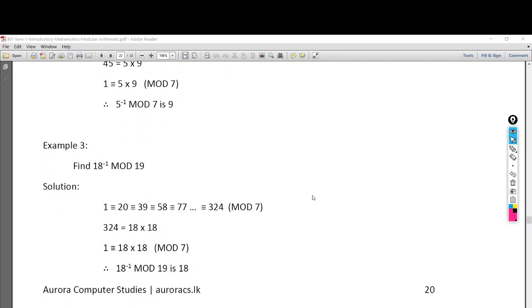Of course you can use Fermat's little theorem as well, because this is a prime number. What Fermat's little theorem says is that a inverse equals a to the power p minus 2 in mod p.